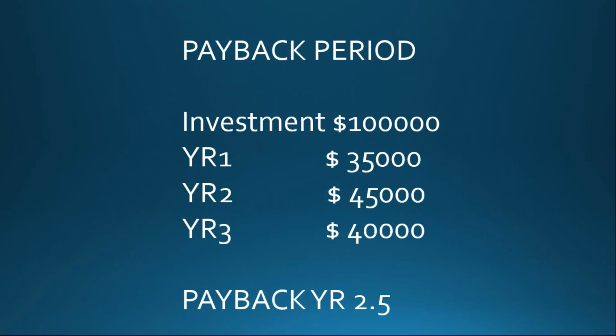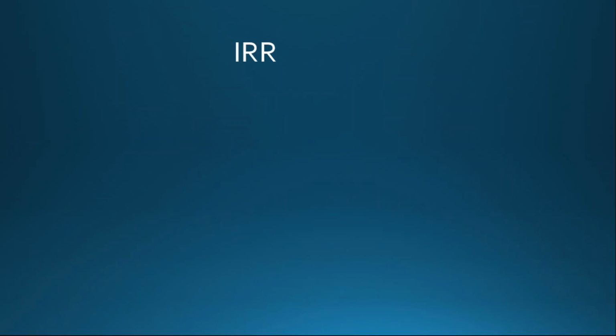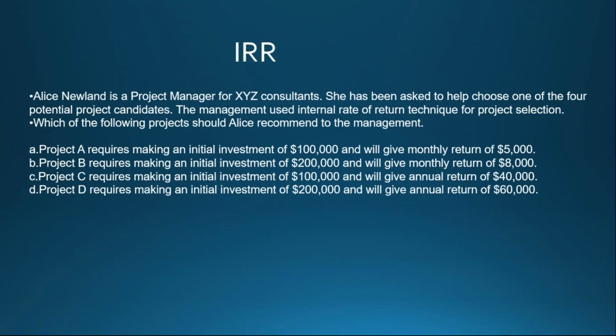I'm not even going to ask if you have any questions because this is pretty simple. Okay. Internal rate of return is where we're looking for the best rate of return on an investment. So when we talk about that here, I'm not going to go through all the math. We're going to pick Project A, and the reason is if you look quickly, Project A is giving us a monthly return of $5,000.